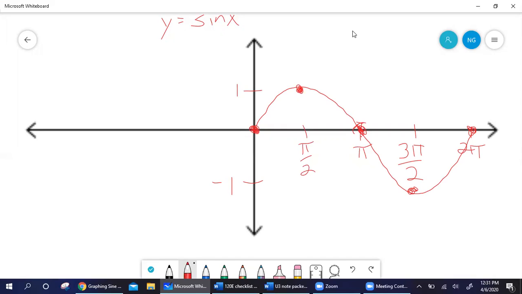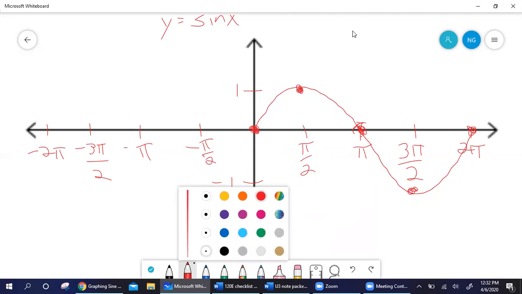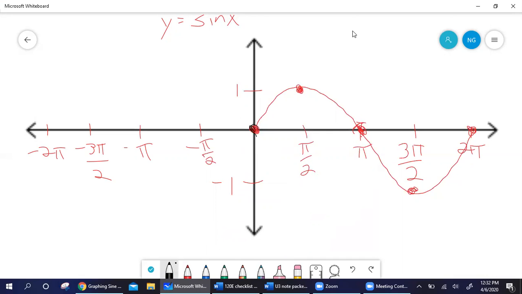Now we're also going to graph on the negative side, and I'm going to graph the exact same increments. Pi over 2, pi, these are all in the negatives, -3 pi over 2, -2 pi. Notice that there is a cycle to this. I went from on the axis, above, on, below, on. That same cycle will repeat: below, on, above, on.